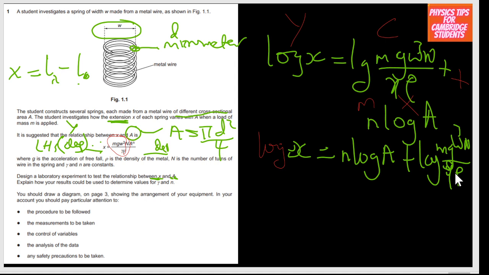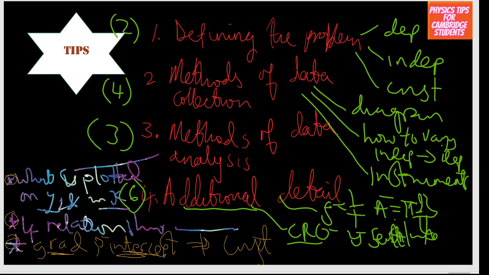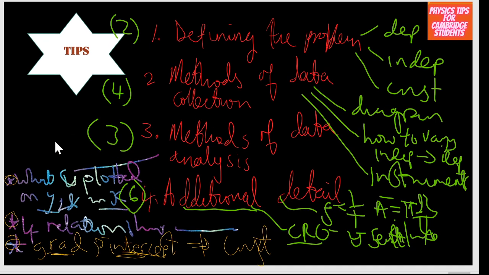So this will be on your y-axis. This will be your gradient. This will be the x-axis plus the y-intercept. So I've broken it down. So it becomes easy for you now when you're going over the methods of data analysis, because this all comes under the methods of data analysis right there.